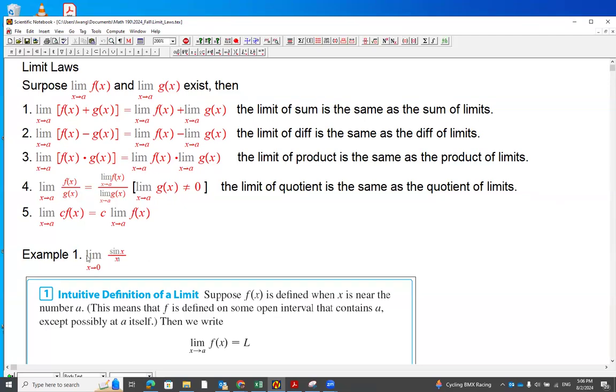This is the limit of f of x. So the limit of g of x, sorry, that function, that one is 1 over x.